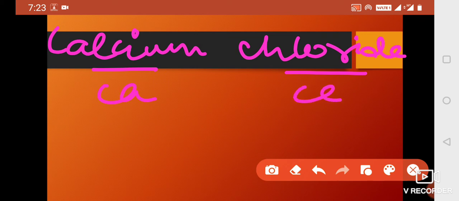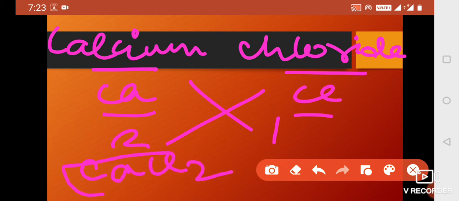Chloride, Cl, done. Now what is the second step? We have to write valencies. The valency of calcium is 2, chloride 1. Crisscrossing, third step, gives CaCl2. CaCl2 is the formula of calcium chloride.